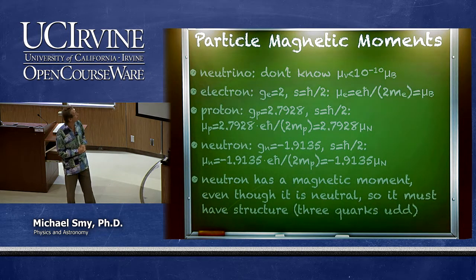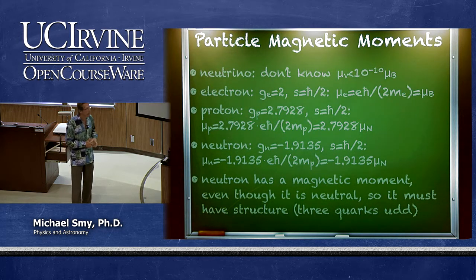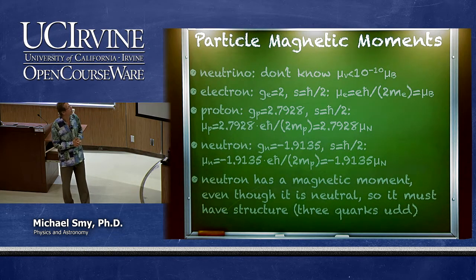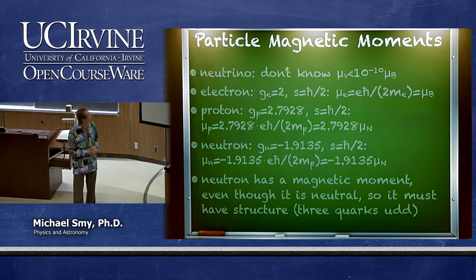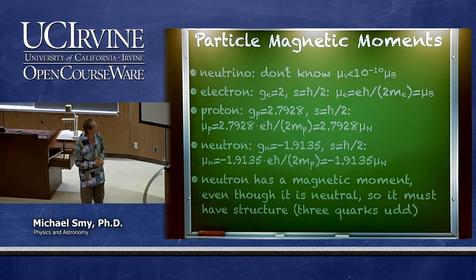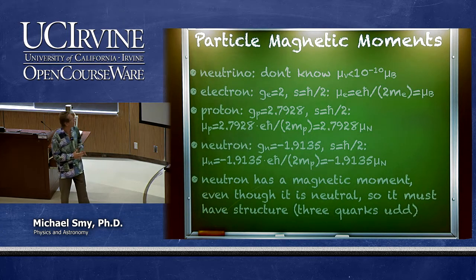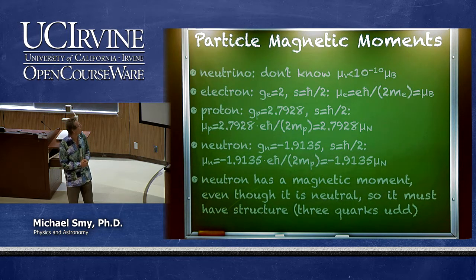So for the electron, this gyromagnetic ratio is 2, and since the spin is h bar over 2, the 2 and the 2 cancel, and the electron magnetic moment is just 1 Bohr magneton. For the proton, this ratio is a very complicated number. It's about 2.7928.